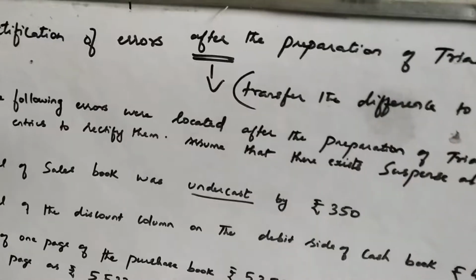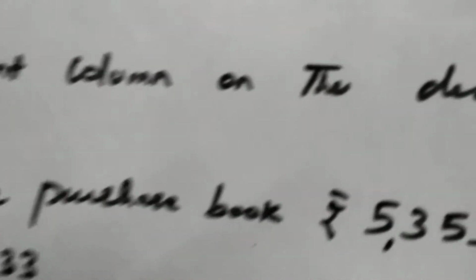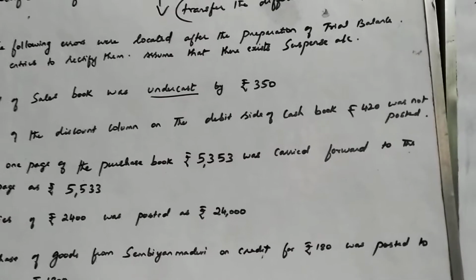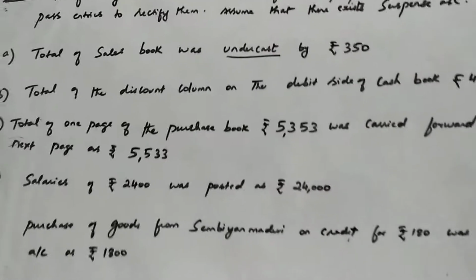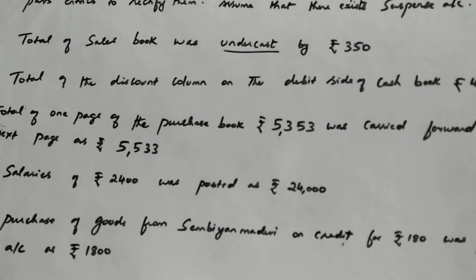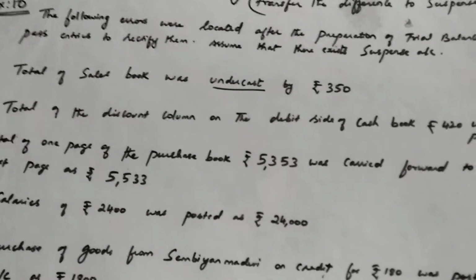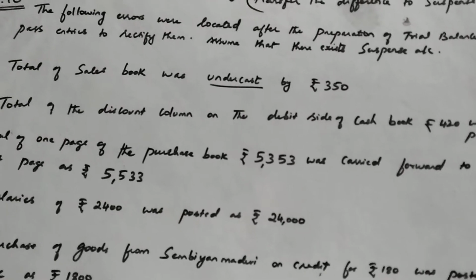The next one, total of the discount column on the debit side of cash book, rupees 420 was not posted. So just remember, try to recollect the cash book. On the debit side of the cash book, you'll be having discount allowed column.